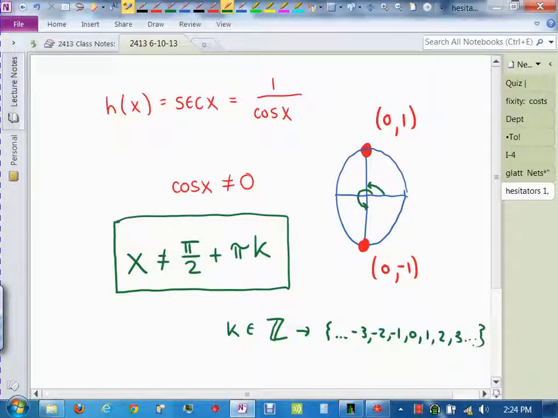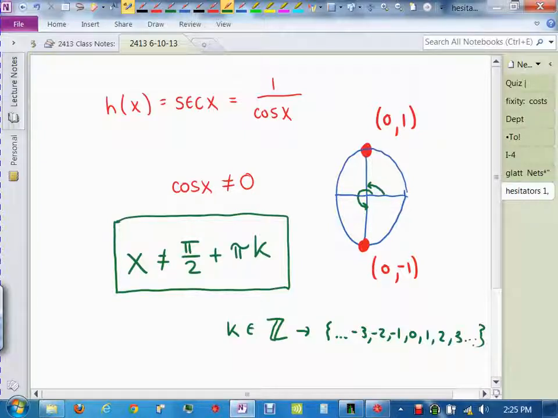I'm going to go up to the board again because I think this is critical that you understand this. Before you can do this, you have to know where cosine is 0, right? Cosine is 0 here and here. Now, if I start here at pi over 2 and add to it, let's try k is 0.